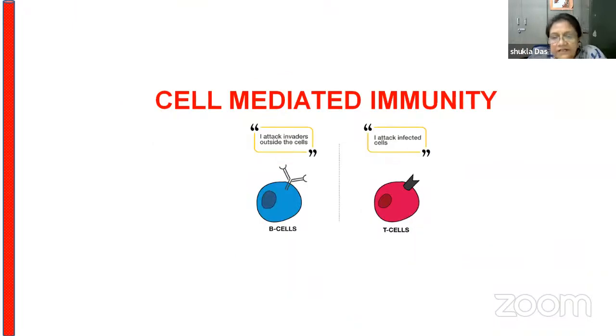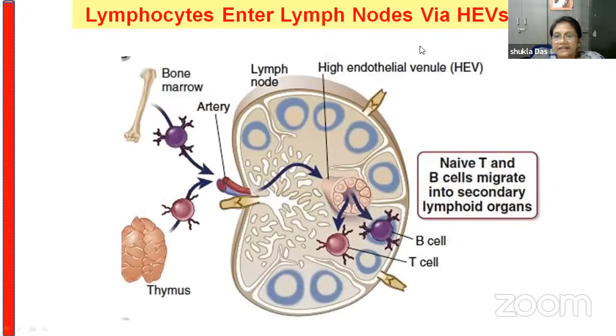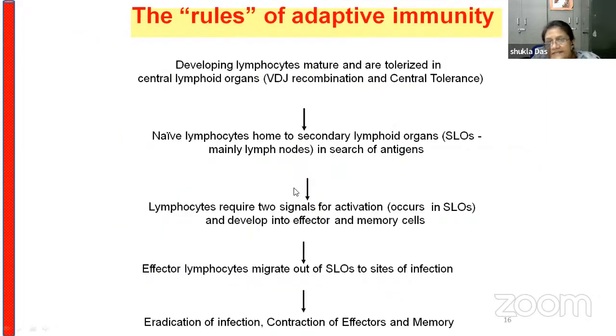Then comes the cell-mediated immunity. The B cell says, I can only attack by immunoglobulins, and the T cell says, I can attack the infected cells. This is your lymphoid organ where the naive T cells are waiting for the dendritic cell to reach inside. So this is the algorithm. The naive lymphocyte is waiting in the secondary lymphoid organs.